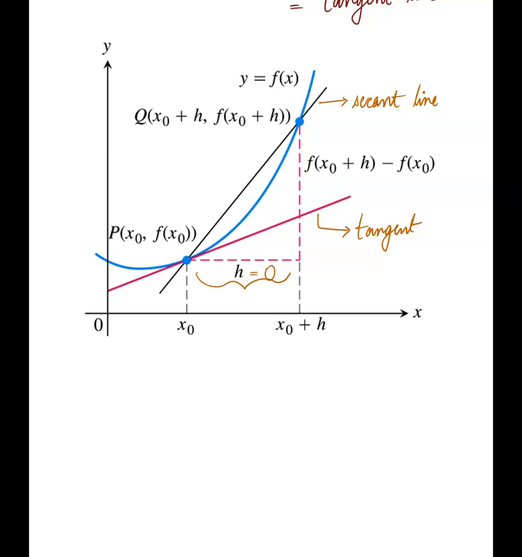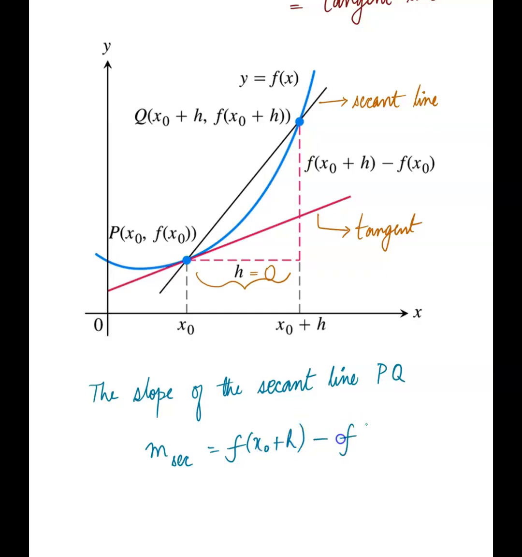Okay. Now let's start off with what we know. So the slope of the secant line, I'll say PQ, we know the slope, M secant, is f of x0 plus h minus f of x0, y2 minus y1, over x2 minus x1. x2 here is x0 plus h minus x0.